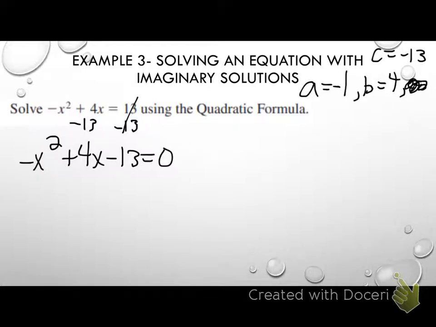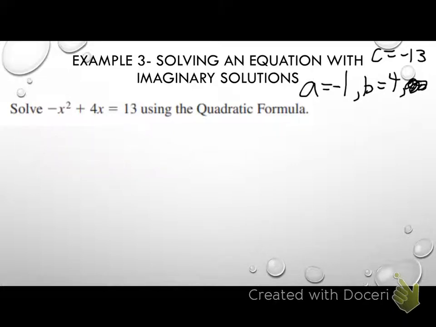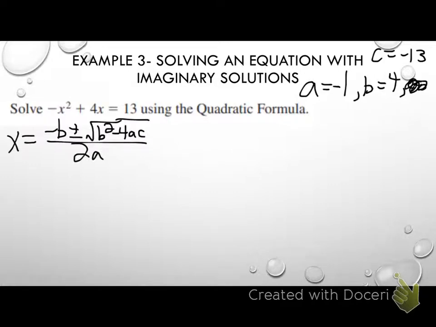So now I can start plugging into my quadratic formula. X equals the opposite of B plus or minus square root B squared minus 4AC all over 2A. There's my quadratic formula.